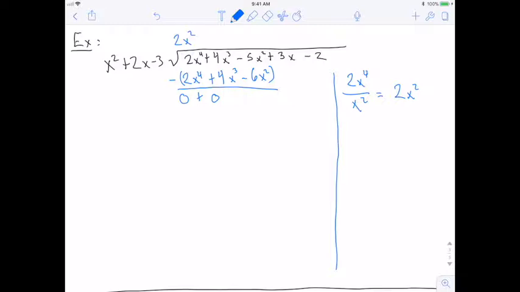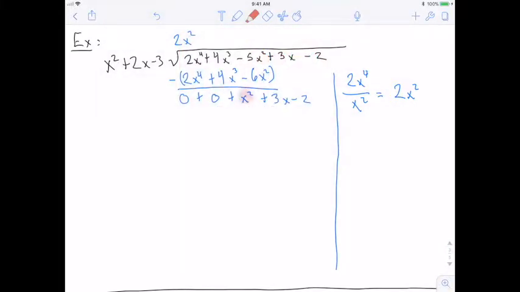Negative 5x squared plus 6x squared becomes plus 1x squared. Remember, minus a minus becomes a plus. And then we carry down the plus 3x and the minus 2 because it hasn't been involved yet.